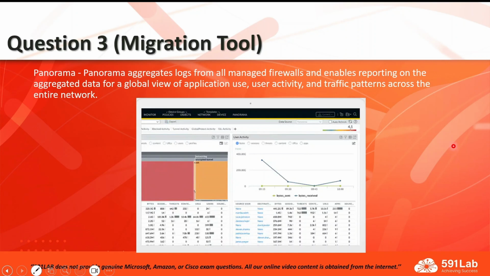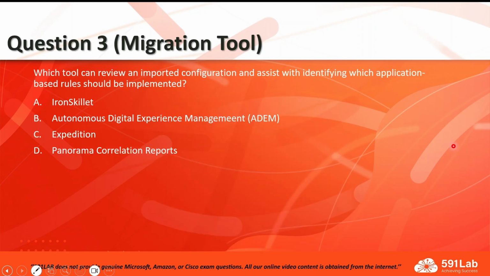Then from those explanations, now we can check the options, whether the option is correct. From option A, Iron Skillet is not the answer. And then B, Autonomous Digital Experience Management or ADEM, it's also not the answer.